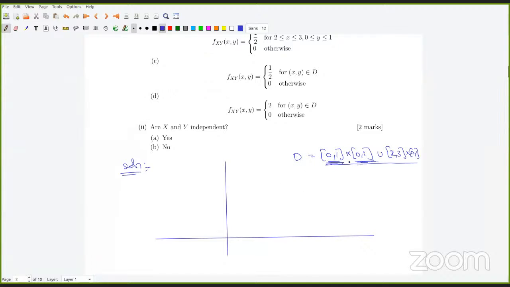So (0,1) cross (0,1) represents a square region. So this is 1, this is 1. And there is another region, 2 to 3, where x runs from 2 to 3 and the y interval is from 0 to 3.